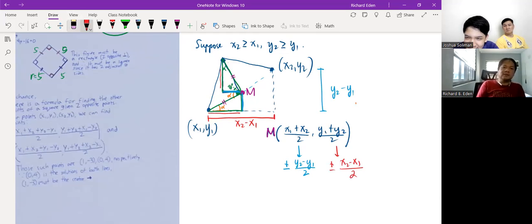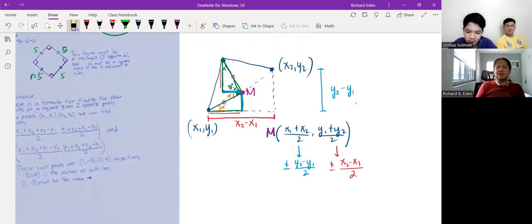So actually, we don't even have to make these assumptions anymore. The assumptions we made would be useful to decide that, for example, y2 minus y1 is going to be positive, if y2 is greater than y1. But what if y1 were larger?